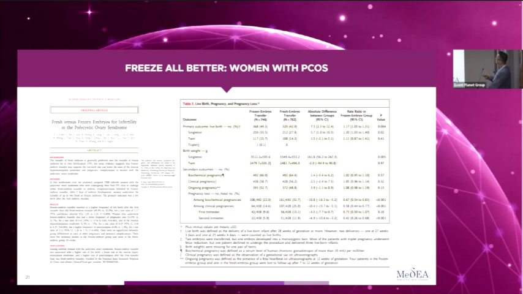And to notice about the pregnancy loss, this is something interesting that I noticed here. You probably had a higher pregnancy loss amongst women who have fresh embryo transfer in those with PCOS, and this is very highly significant. Among clinical pregnancies, the losses are also much higher in fresh embryo transfer.